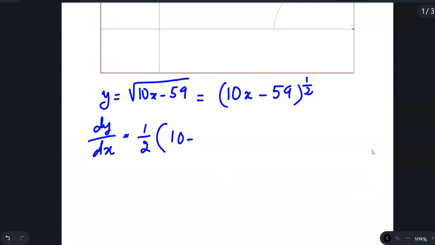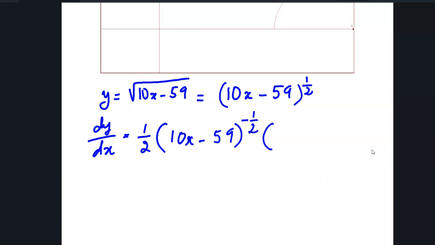So I rewrite the function, 10x minus 59. At the same time, I take 1 away from the exponent. So a half minus 1 will give me minus a half.